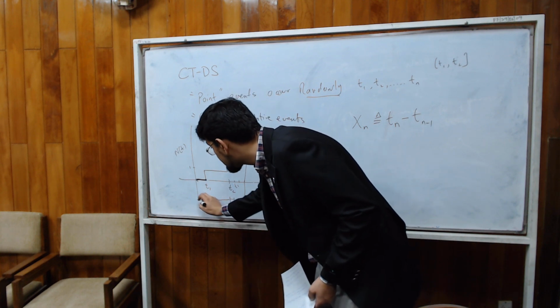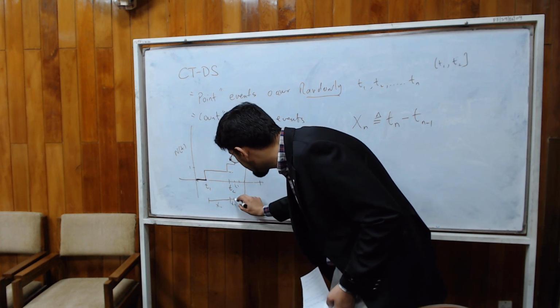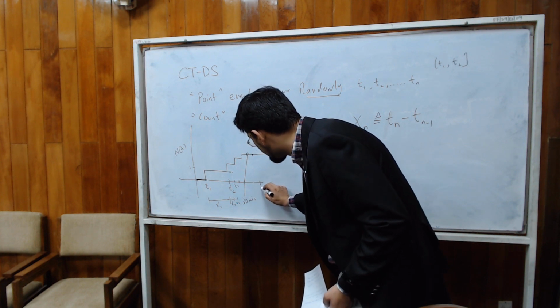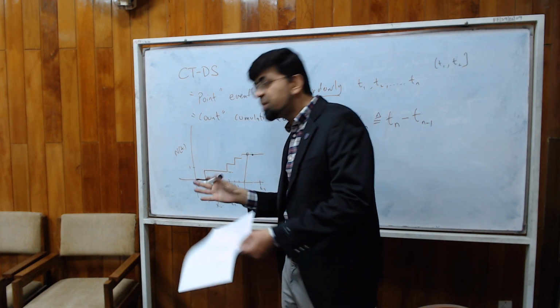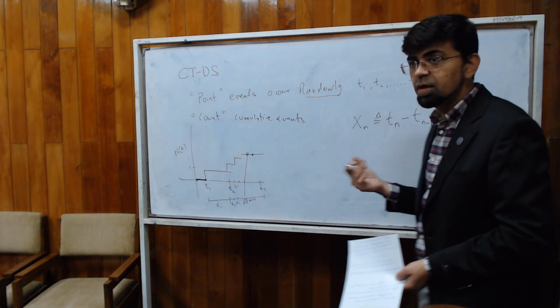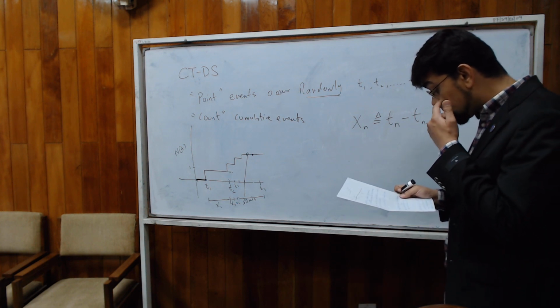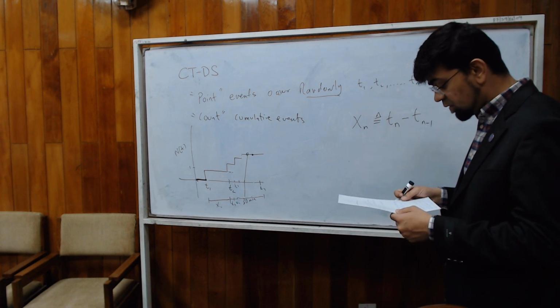You could start with x1 with this set to 0. So x1, x2, x3, x4, and then if the next event occurs here, then this. You can imagine these spacings are random. So the spacings are random variables, but that is by definition of the point and counting process.